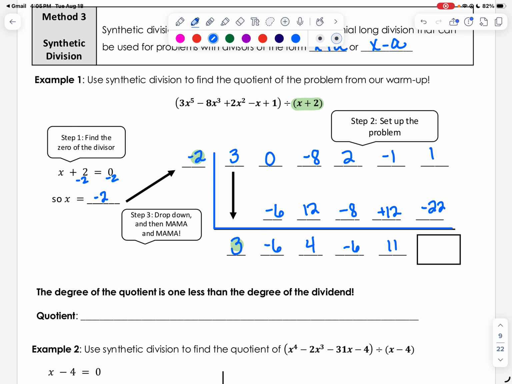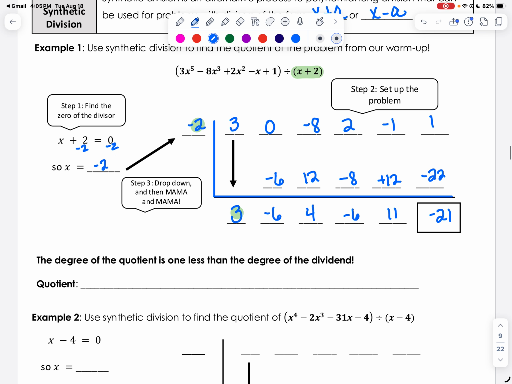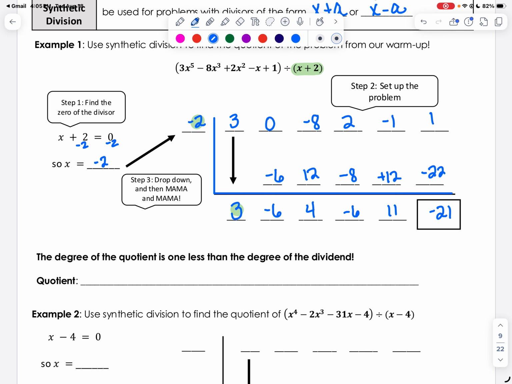So whatever is left over at the end, that's your remainder. Now, your quotient will always be 1 less than the degree of the dividend. So if your dividend started with 3x to the 5, your quotient will start with x to the 4. All right? So our first number is 3.